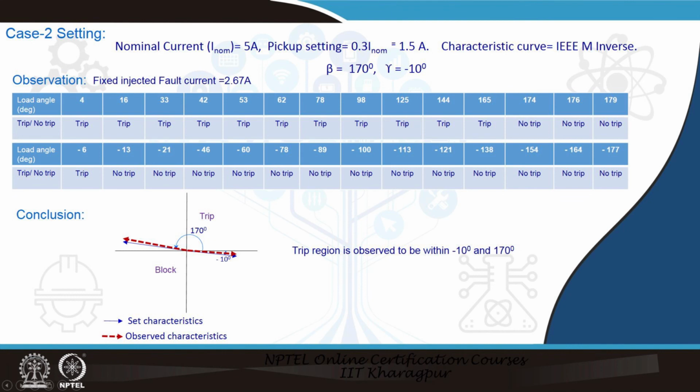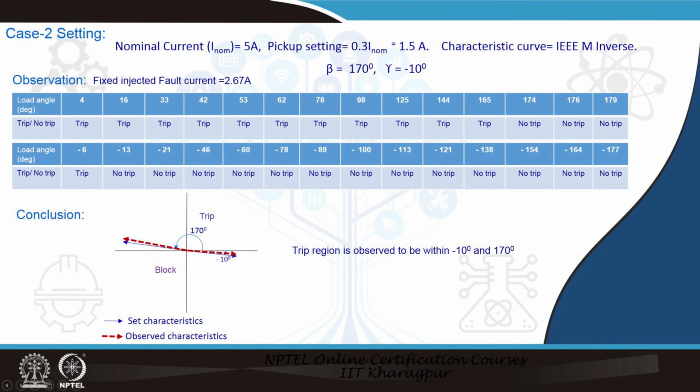If we plot these two now, the solid line is for the set one and the dotted line is for the observations taken. You see that the observation line is very close to the solid line, and we say that the relay is following the settings in accordance with what has been set for the relay.